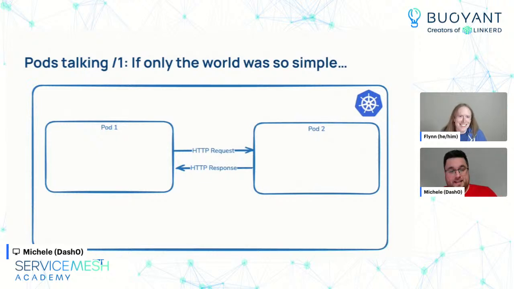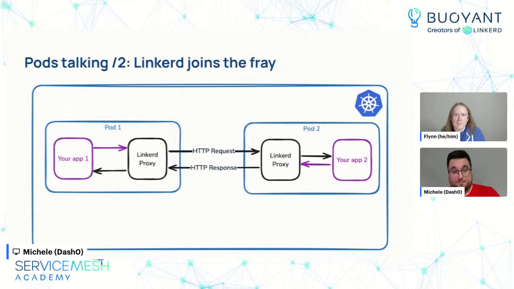All right, let's make a very quick overview of what happens when you have two applications talking. From a conceptual level, you have two pods, one sends an HTTP request, one sends an HTTP response. If only it were actually that simple. You have your applications, your containers, you deploy Linkerd.